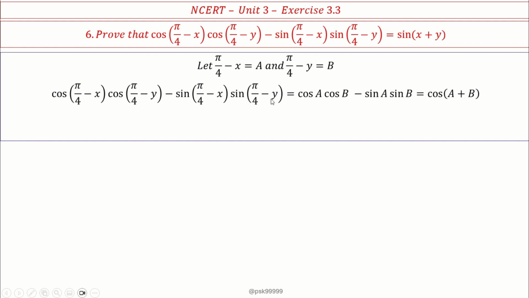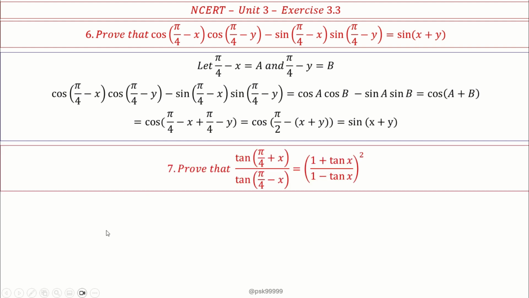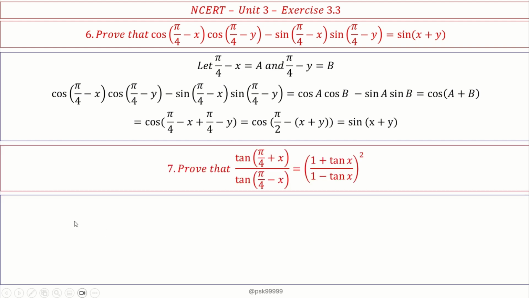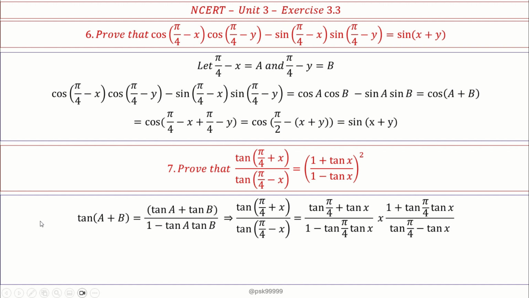So this is equal to cos(A plus B), which is nothing but cos of (pi by 4 minus x plus pi by 4 minus y), which is nothing but cos of (pi by 2 minus (x plus y)), which is sin(x plus y). So all are straightforward. You can solve them yourself.